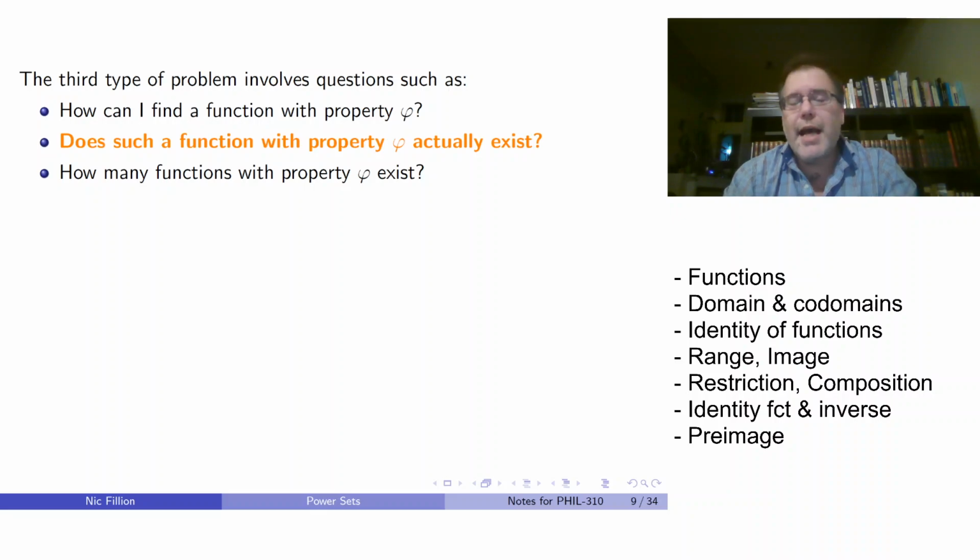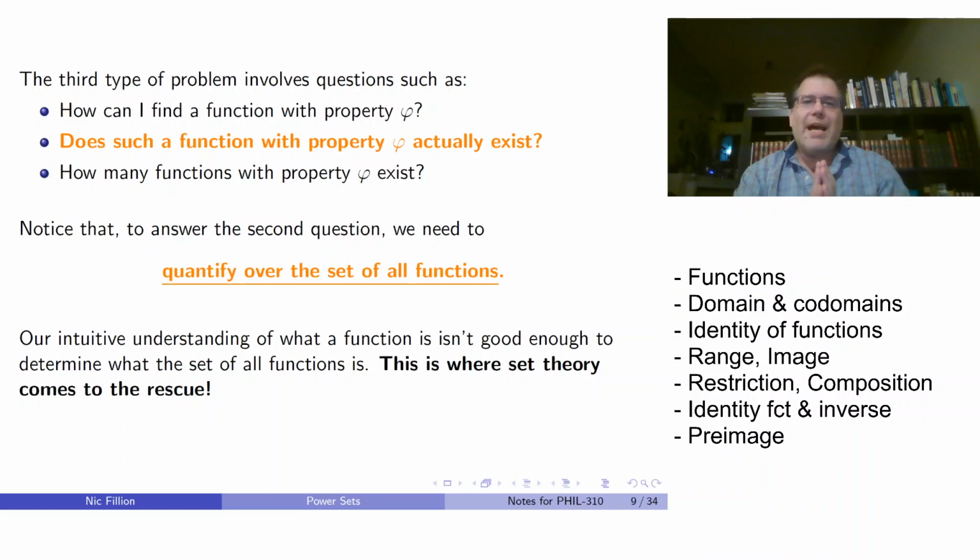Okay. Now, what I want you to keep from that discussion is the following. Let's focus on the second question. Is there a function that has the property in question? When you're asked a question like that, you're asked to quantify over the set of all functions, right?